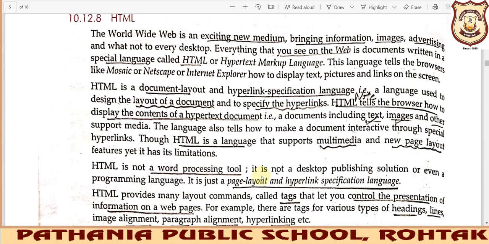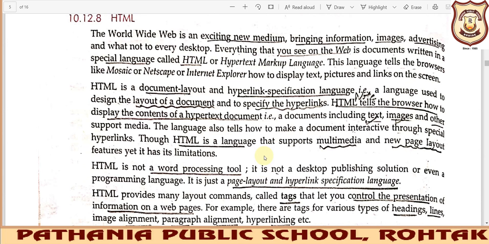Okay, what is HTML? HTML is the hypertext markup language. It is basically required to design web pages. Whenever we are using web browsers, this language helps the web browsers get the request of the users and then deliver it to the web server.